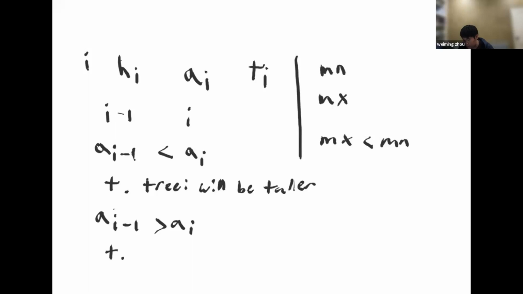It might be possible that at time zero, the I minus one tree is already taller. But if that value is positive, then the answer cannot be lower than this time, since if it's lower than this time, then H of I minus one is still smaller than H of I. So we can use this to update mn. And as for calculating that, I'll get to that later.